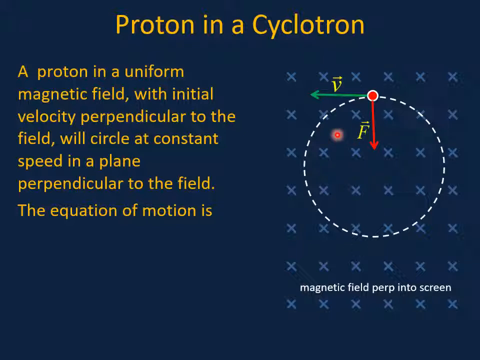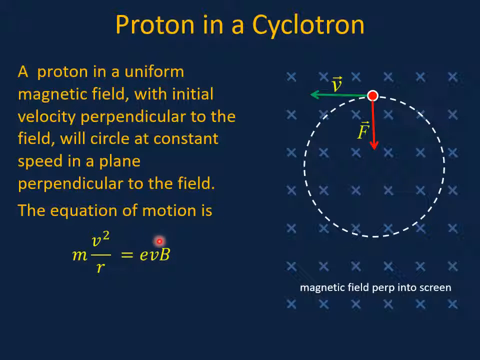So there is a centripetal acceleration, and that acceleration is v squared by r. We know that very well. And mass times the acceleration gives us the force, and this force has to equal the Lorentz force.